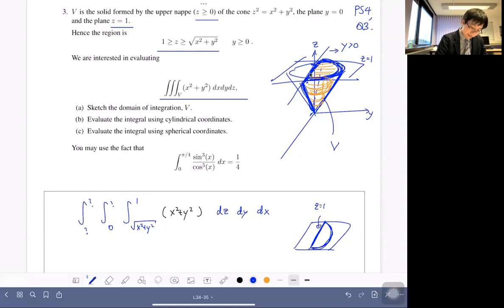What does this mean? Well, this is the line of Y equals 0. And what is this line? I'm allowed to have it as a function of X, right? Because I still have the X at the very outside. I cannot have it as a function of Z, but that's fine. We're already fixing Z to be a constant.